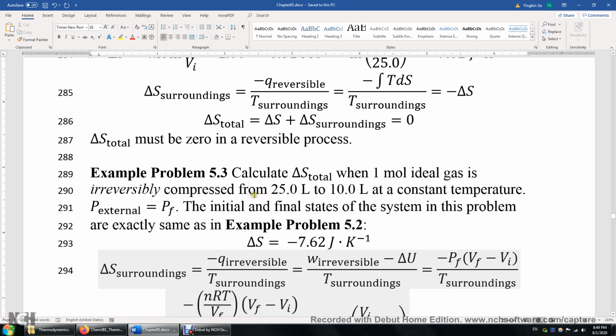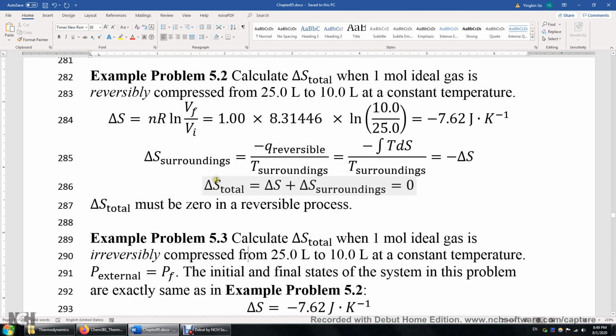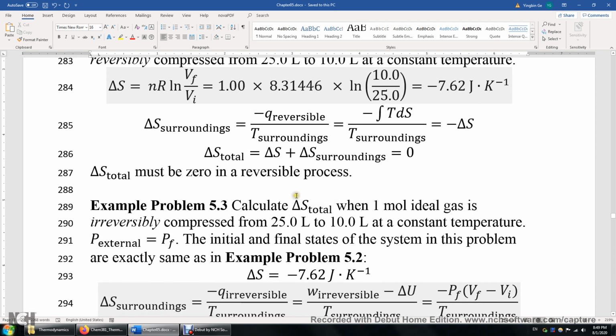If we just look at the system, in this irreversible process, its initial state and final state is exactly the same as in this example problem 5.2. Same initial state, same final state. So, without doing any calculation, we know the entropy change of the system is negative 7.62 joule per K. We copy this number from here.